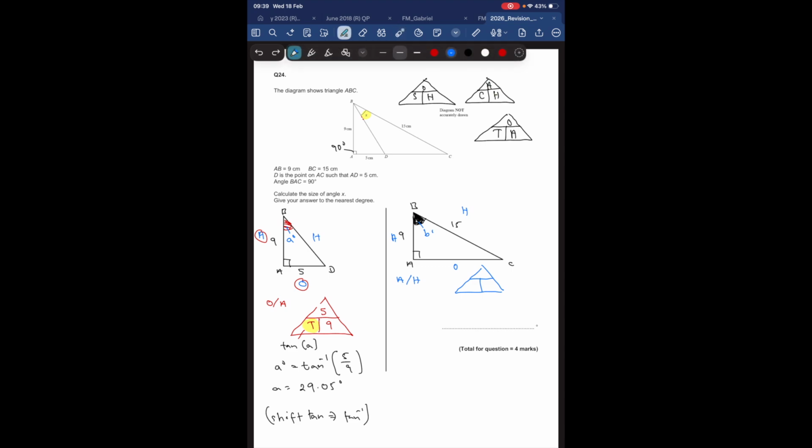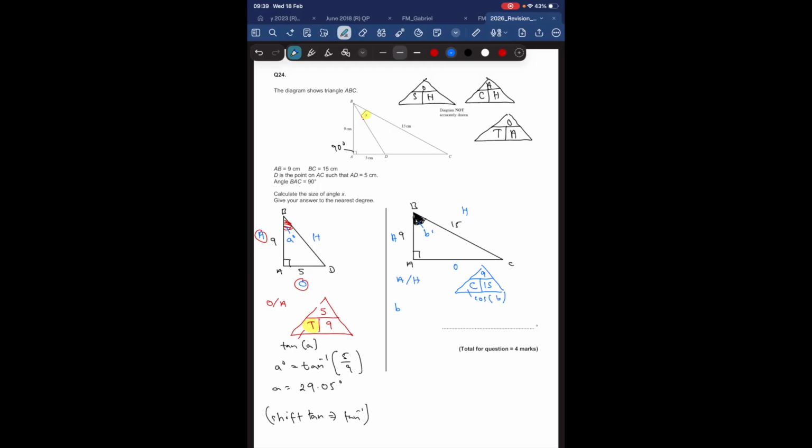So I can put the values in. The A in this formula triangle is the 9, so the A goes on top. The H at the bottom is the hypotenuse, which in this triangle is 15, so the 15 goes at the bottom. The C stands for the cos of the angle.